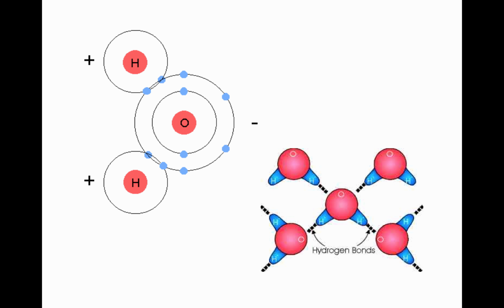This property is also why water will go up a stem against gravity to the tree top or a plant top. That is how the water gets up there. It is because of this negative positive attraction.